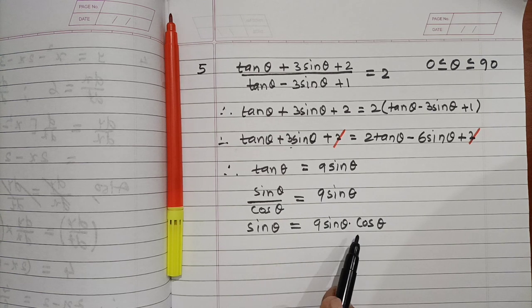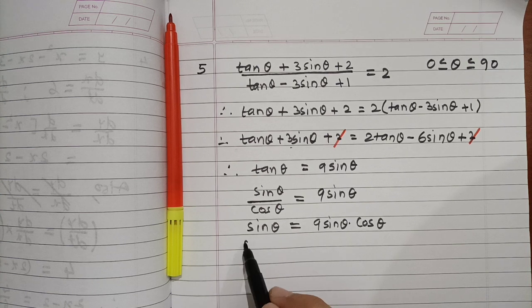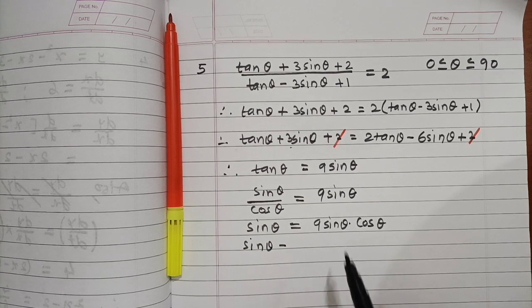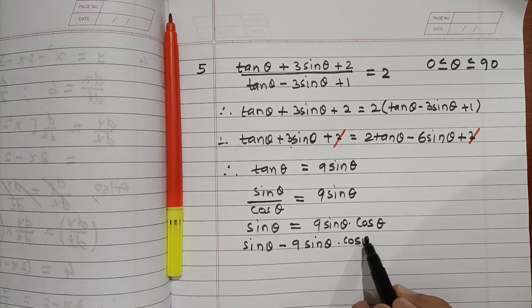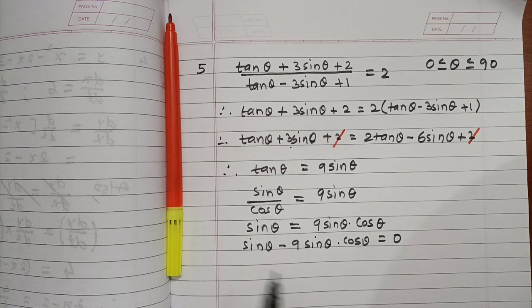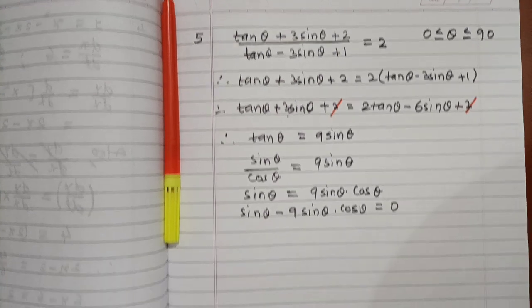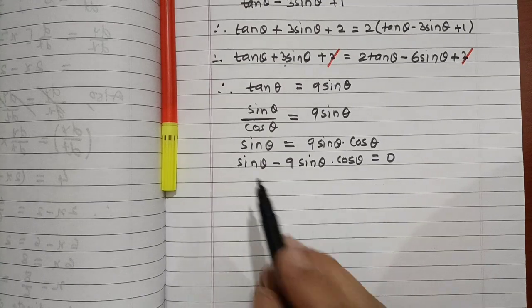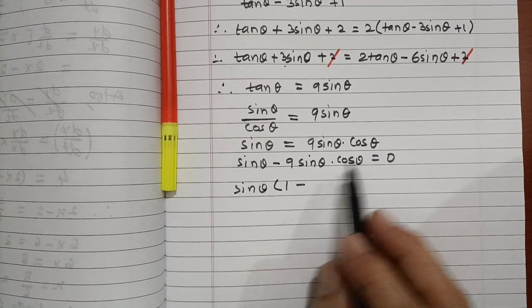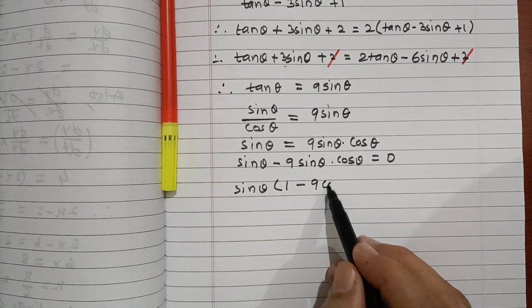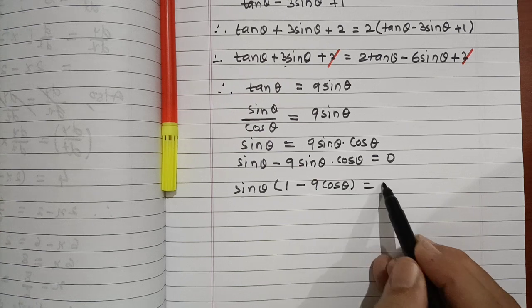If we shift this side, it becomes sine theta minus 9 sine theta into cos theta, which is equal to 0. We can take sine theta as common, so we are left with sine theta times (1 minus 9 cos theta), which is equal to 0.